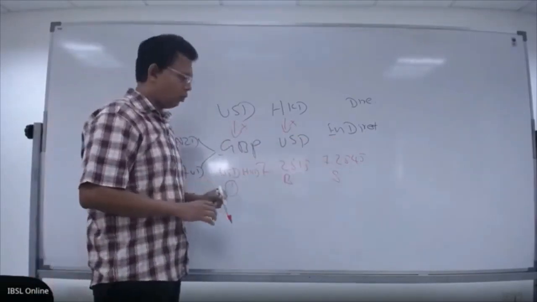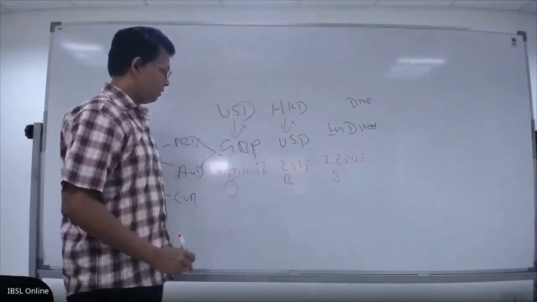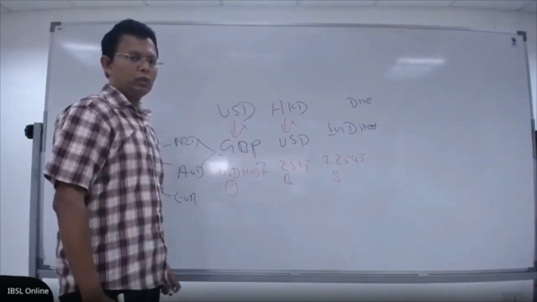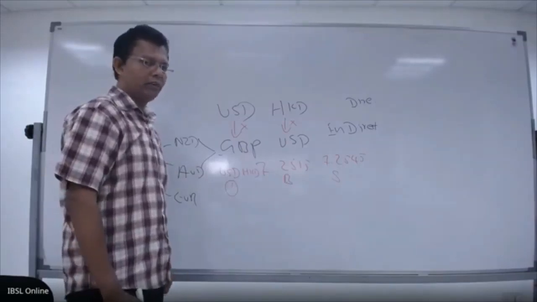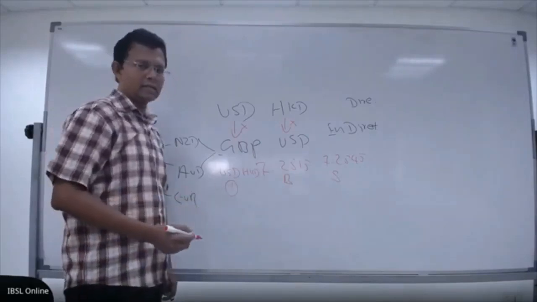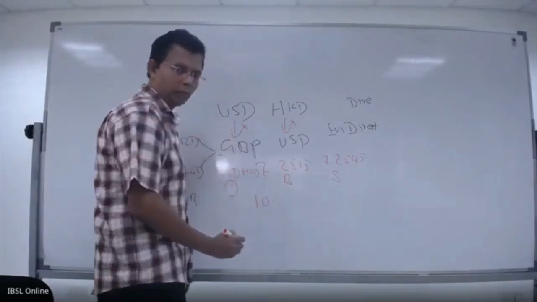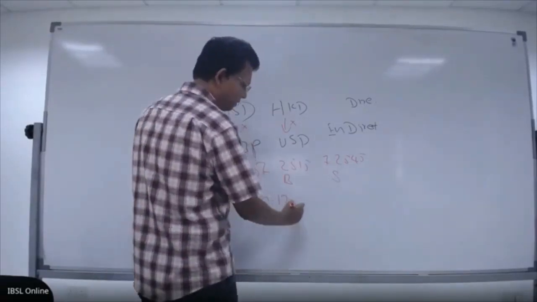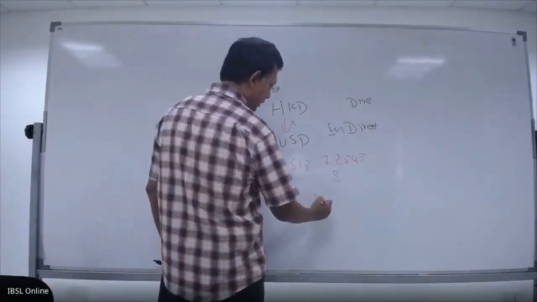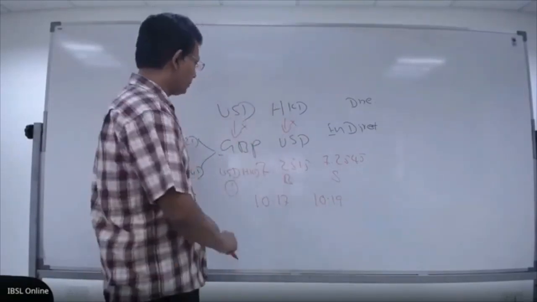So basically, the 7.2515 multiplied by the GBP USD rate of 1.4030 gives the answer. So then you got 10.17 and 10.19. These are the two answers you got.